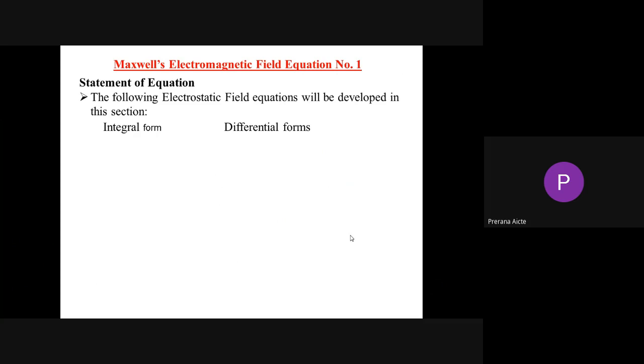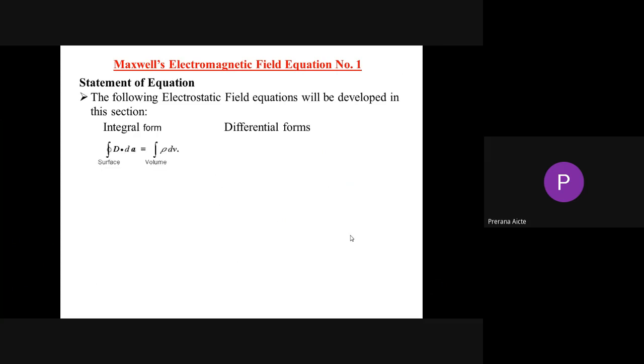In differential forms, it's like a static. Again, that is time domain and static fields. Again, the Maxwell equations are defined based on the free space medium or without free space mediums. That depends upon the medium.